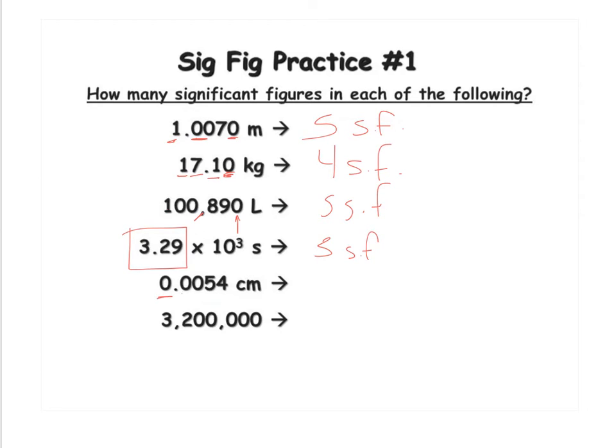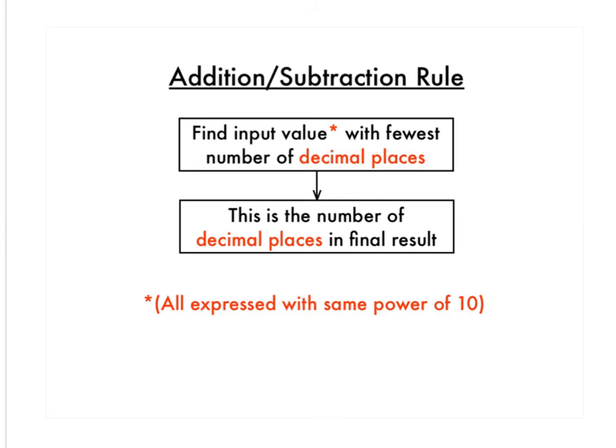These zeros don't count because they're leading zeros, so only these 2 count, so we have 2 significant figures. There's no decimal here, these are commas, so the only numbers that count are the 3 and 2, so this has 2 significant figures.